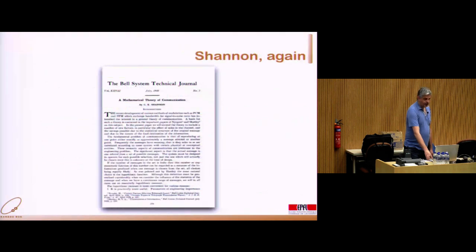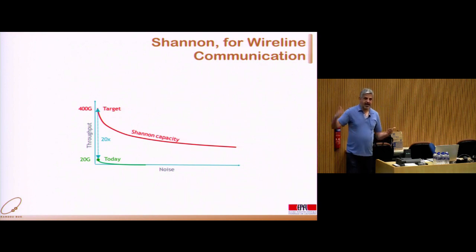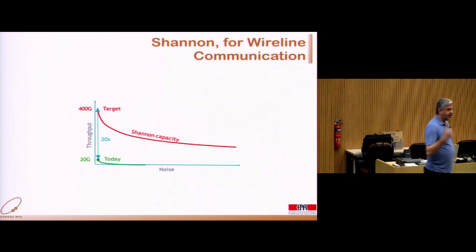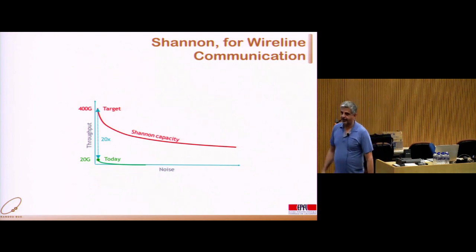Okay, so we go back to Shannon again. Now, this is a paper he wrote that is probably the most important one about information theory. So you can talk about these channels, the chip-to-chip channels, and you can ask, what's the capacity of these channels? And where are we with respect to capacity? If you talk about wireless, DSL, satellite, magnetic, hard disk, whatever, we are very far along.